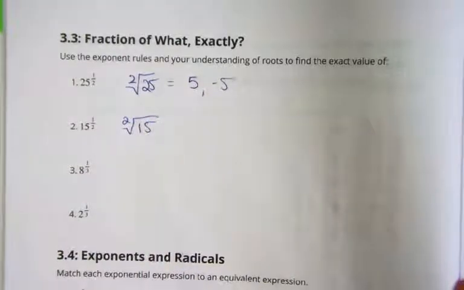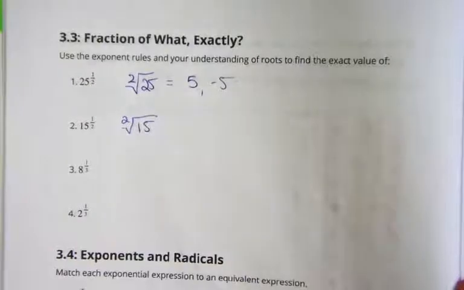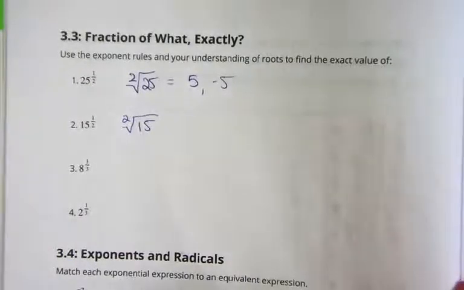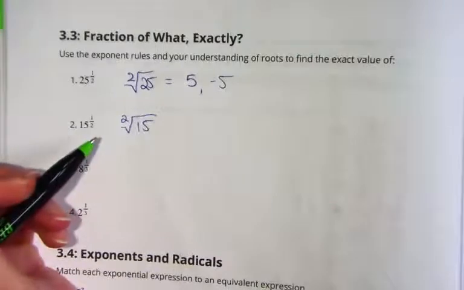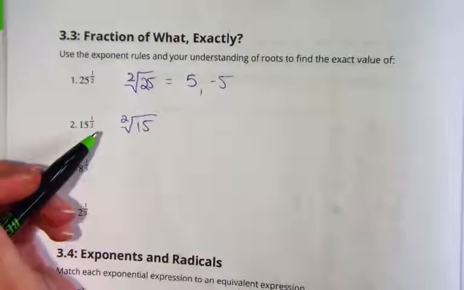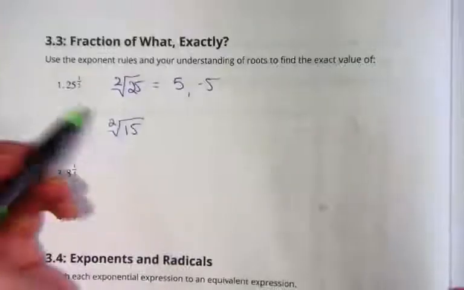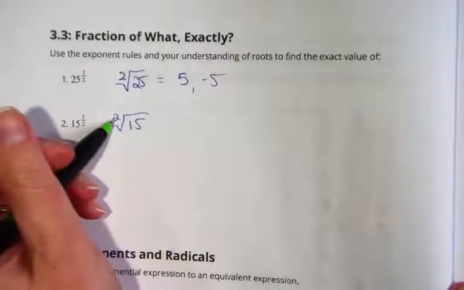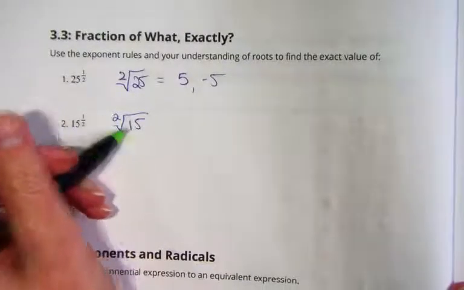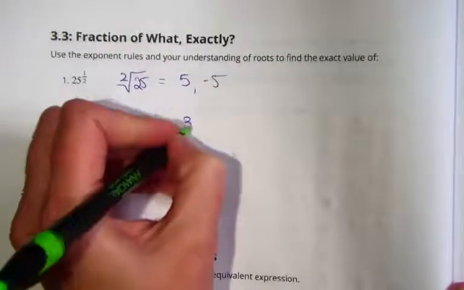Square root of 15. So I have to find some numbers that are going to multiply together to get 15. It's got to be, let's see, 3 times 3 is 9, 4 times 4 is 16, so it's got to be 3 point something.